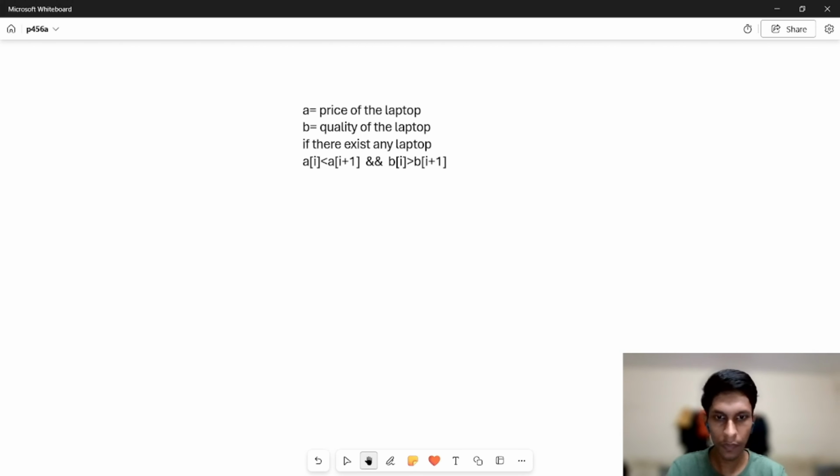Meaning, we have to find such a laptop, if there exists any, that the price of that laptop is lower, but the quality of the same laptop is higher as compared to the other. This is the statement given by Alex, and we have to find among all the laptops that will be given if Alex's statement comes true or not.